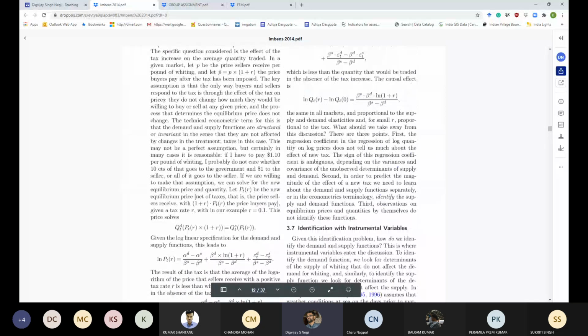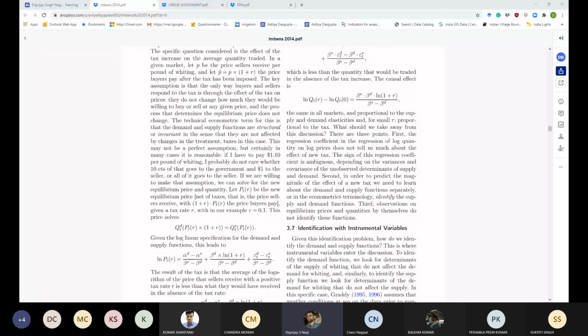So you read section 3 and then you write a note on section 3. In your own words, explain what this section 3 is saying. You have a lot of degrees of freedom. You can add to it or you can express it in your words as you want. So it's open.